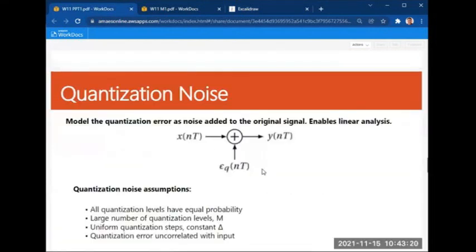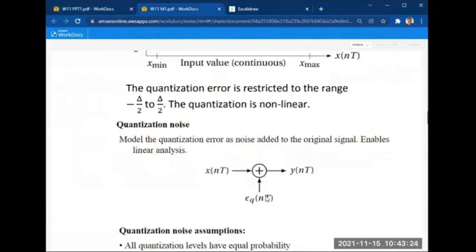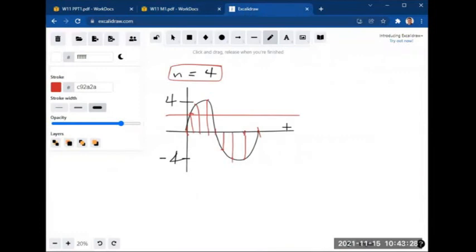What will happen here is 4 divided by n.